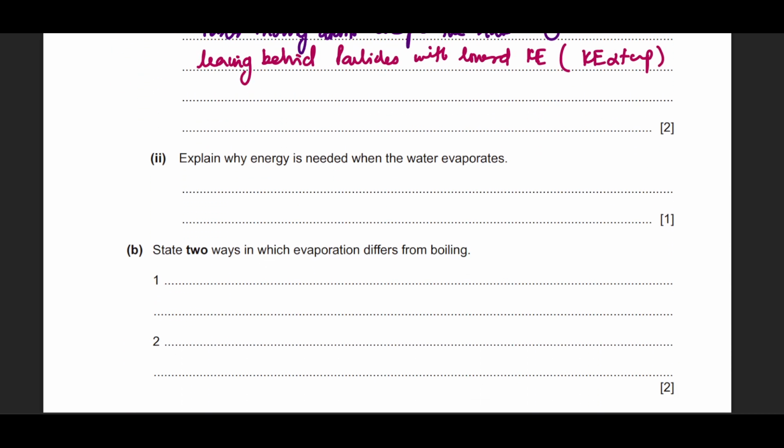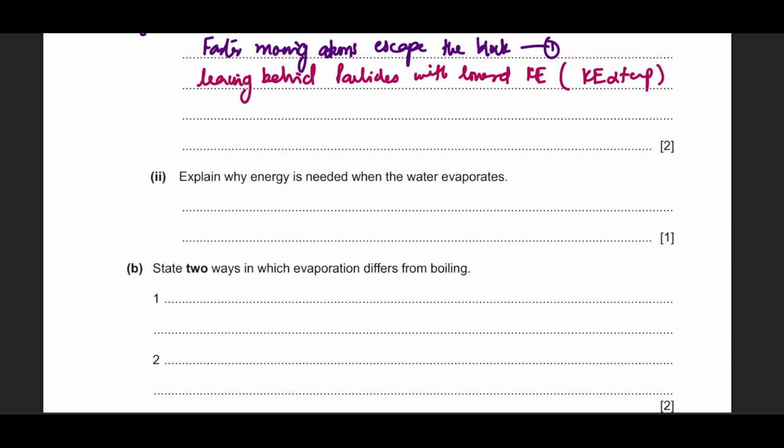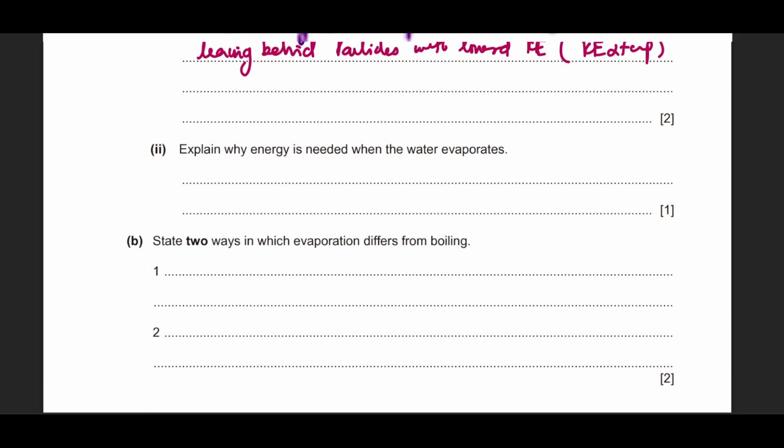Then he says, explain why energy is needed when the water evaporates. Why is energy required? Because water molecules are being held together in the structure in terms of bonds, right? That's why water becomes a liquid or stays a liquid at room temperature or below room temperature, because it has bonds between its atoms. So in order for them to break free to become a gas as they evaporate, we need to break those bonds. And to break those bonds, we need energy, right?